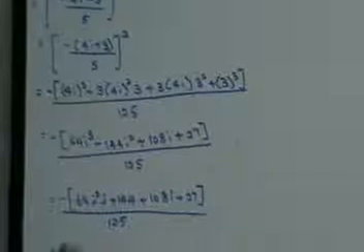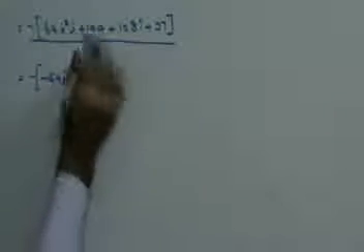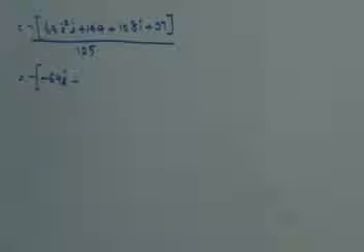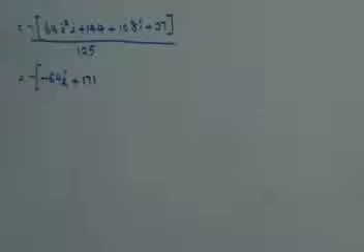This is minus 64 i square. i square is minus 1, so this will be minus 64i. 144 plus 27 is 171.